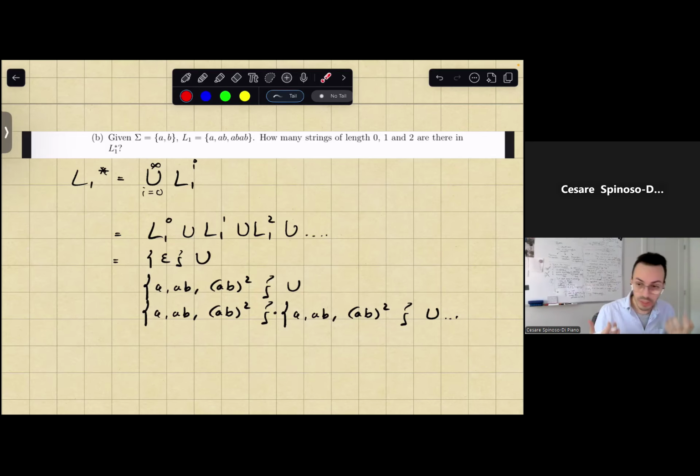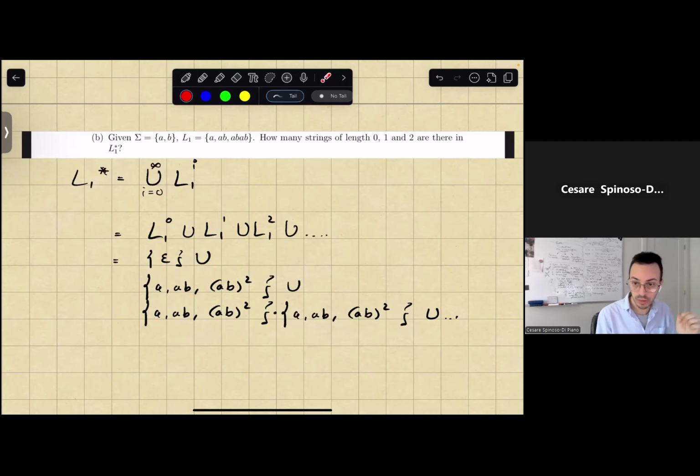The trick is to identify the fact that as you're concatenating more and more languages, the minimum length of your concatenated string is going to get bigger and bigger. Here, when it's L1 power 0, the minimum length is 0. Here it's 1. Here it's going to be 2, since I'm going to have A concatenated with A. So the shortest possible string from L1 squared is of size 2.